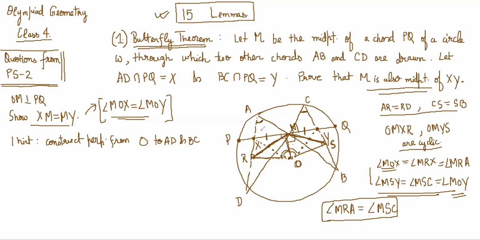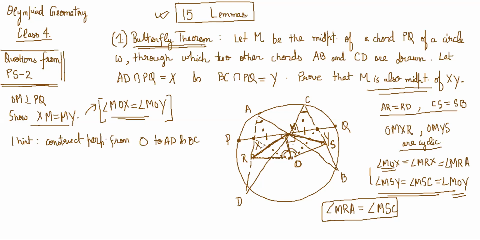What else? If we know that it is a similar triangle, we will be done. So can we prove similarity in some other way here? If we can, we'll know that this angle should match this angle, right? Yes. MSC and MRA we have to prove.